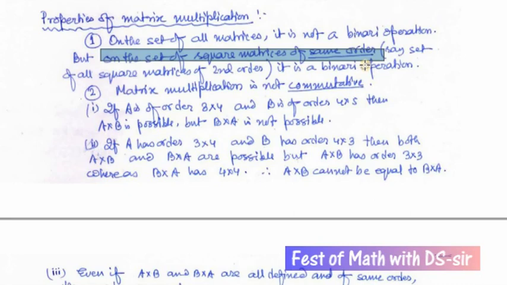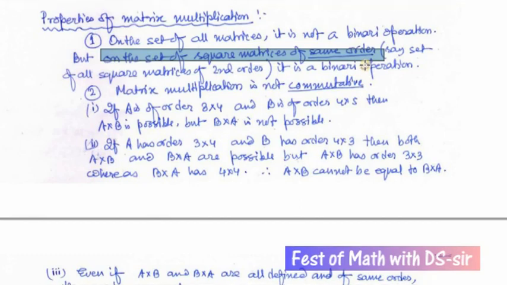It has an identity element, I4, but not all elements have an inverse, because an inverse exists only for non-singular matrices. There are plenty of fourth order matrices which are singular, so they don't have any inverse.